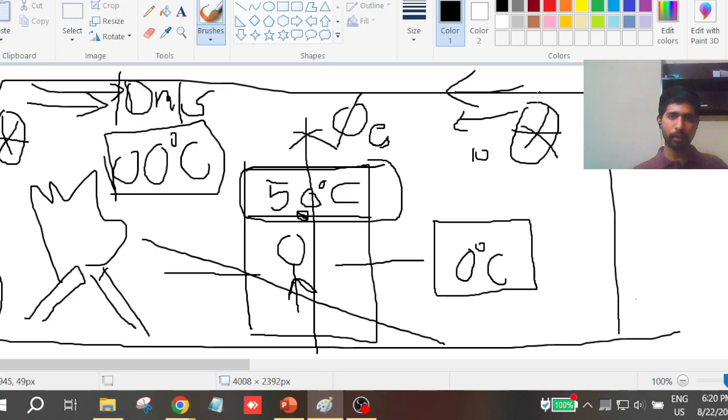Assuming that I am blowing the wind from the fan, assuming that there is convection, one thing is definitely the temperature gradient, by which I mean what is the temperature here and what is the temperature here.